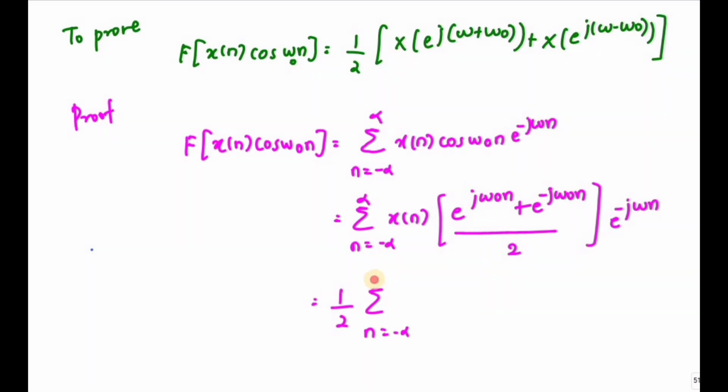Summation n equal to minus infinity to infinity x of n e power minus j n, I can take it common, and write it as omega minus omega naught.